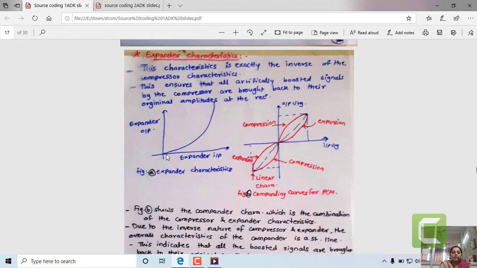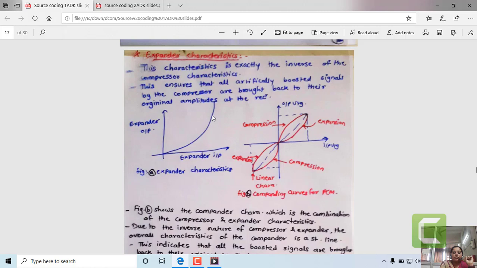That's why, as we have seen in the compressor, when the level of the original signal is less, the gain has to be increased. Oppositely here, as the input for the expander goes on increasing, the level of the expander output has to be increased. But when it is higher, it should remain constant at a certain level.